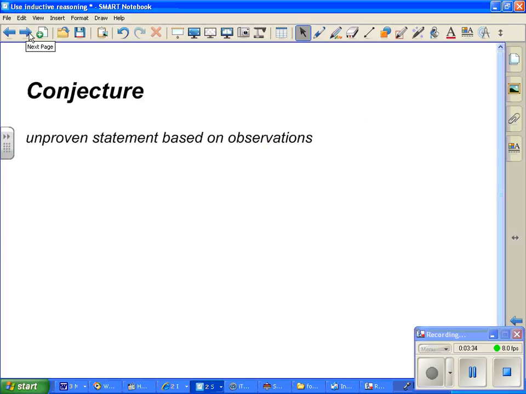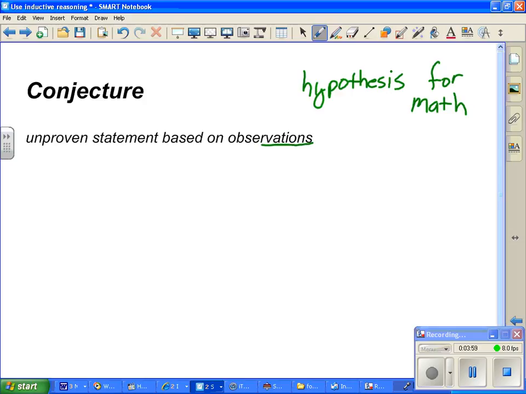A conjecture, an unproven statement based on observations. The easiest way I have to explain this to you, this is basically a hypothesis for math. Now, in a hypothesis, you haven't done your observations before you make your guess. And in math, we have done our observations. But it's basically taking the pattern and saying what the pattern is.